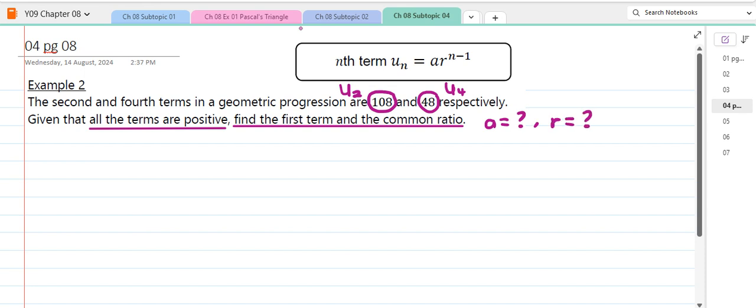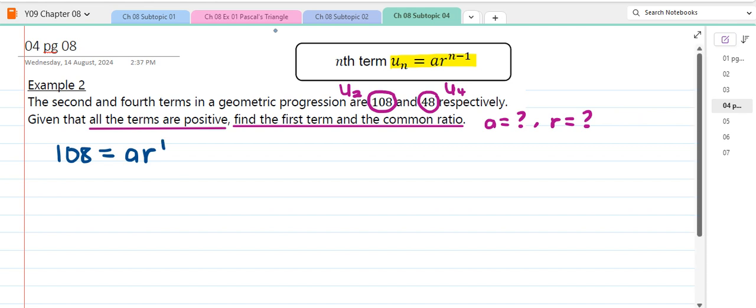With that, we're going to use the above formula, which is Un equals ar to the power of n minus 1. Starting with our second term, which is 108, it is equal to ar to the power of n minus 1, so 2 minus 1, ar to the power of 1.